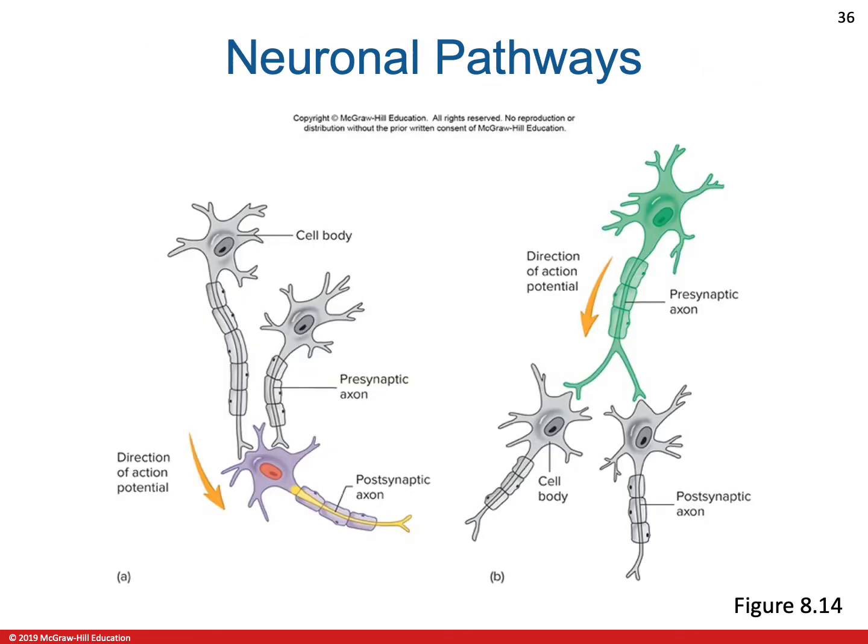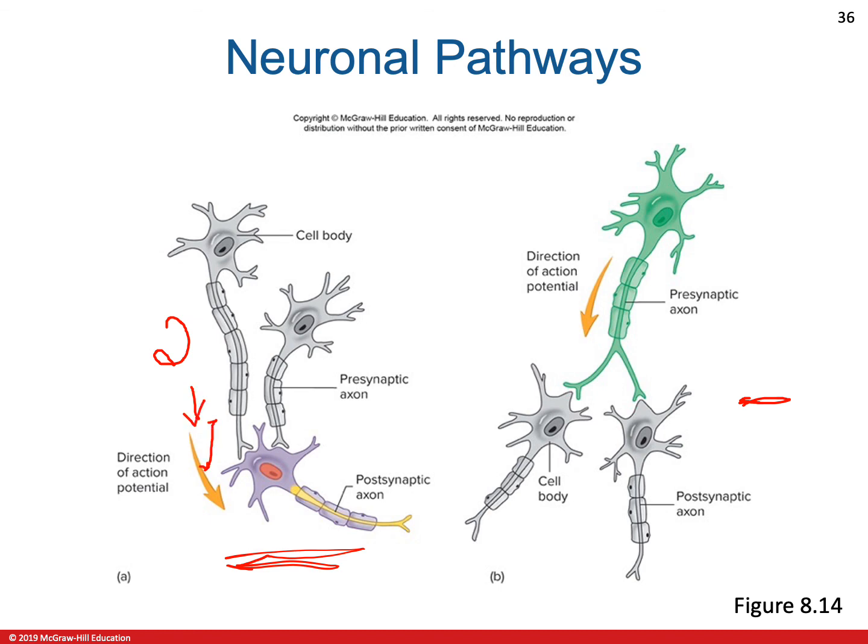So like this is the model of your converging, right? This is your converging and this is your diverging. Okay, see, two neurons synapse into one, right?